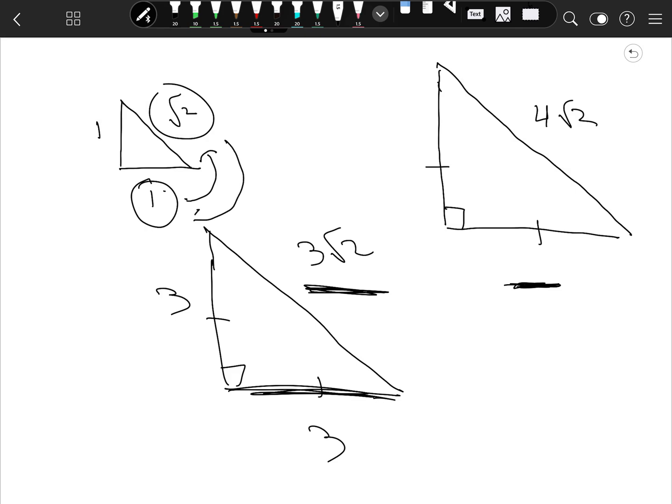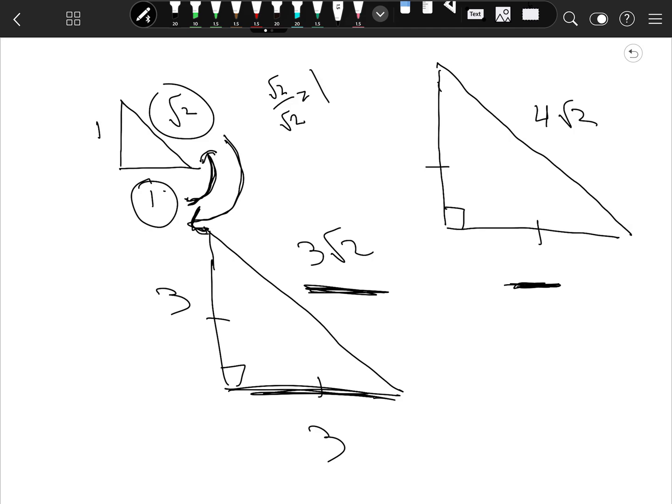How would you get from here to there? If you said divide by square root 2, let's think about it. Square root 2 divided by square root 2 gives you 1. It's kind of a reverse operation. So going this way, we're timesing by the square root of 2, and then coming backwards, we're dividing by the square root of 2. We get 1.